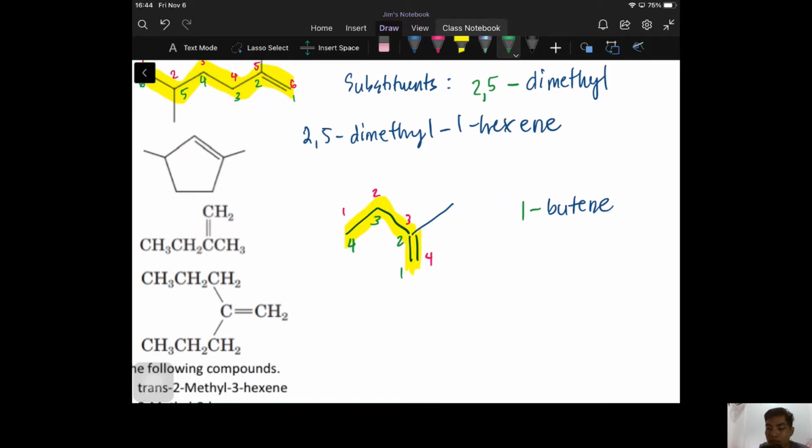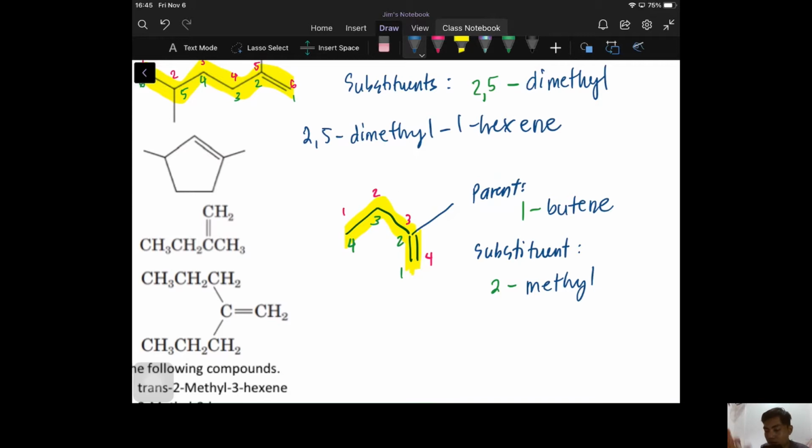So ang parent natin would be 1-butene. How about our substituent? Green yung susundan natin, edi green yung substituent number. So that will be 2-methyl. On the second carbon, you have your methyl group there.